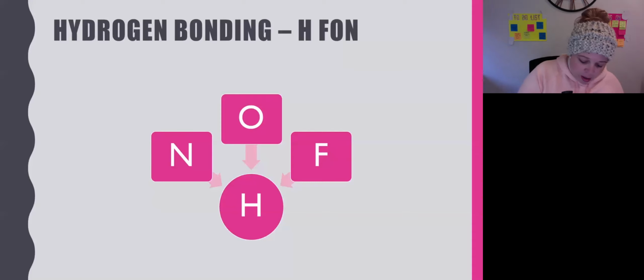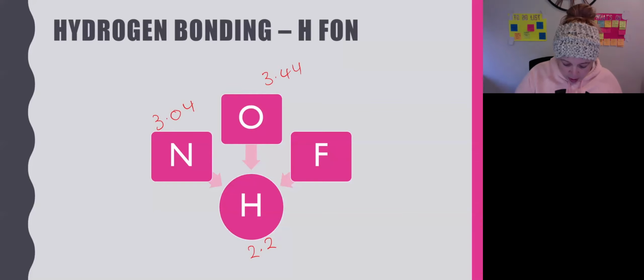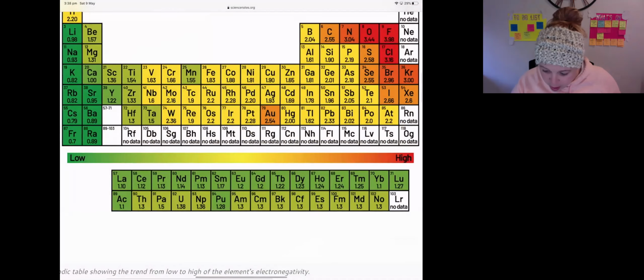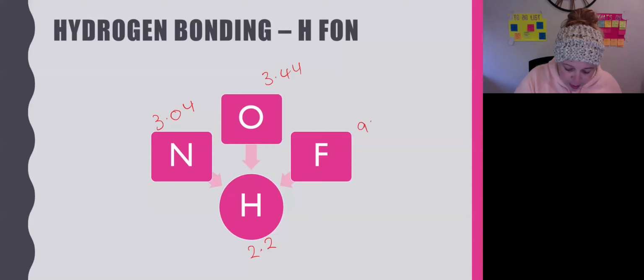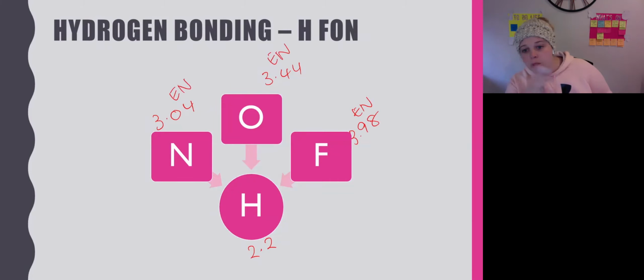Hydrogen is 2.2, nitrogen 3.04, oxygen 3.44, and fluorine 3.98. Because there's quite a large difference between hydrogen and these, this is what's going to help us.